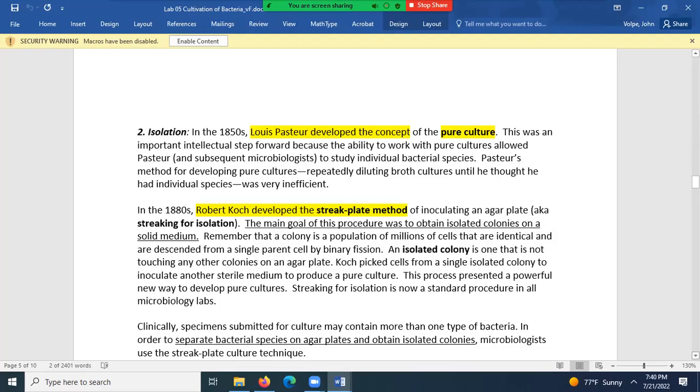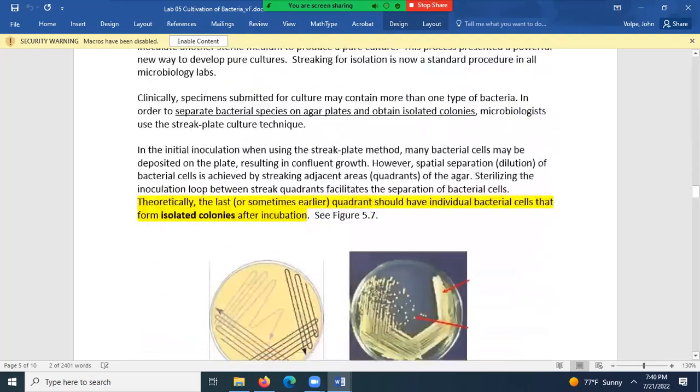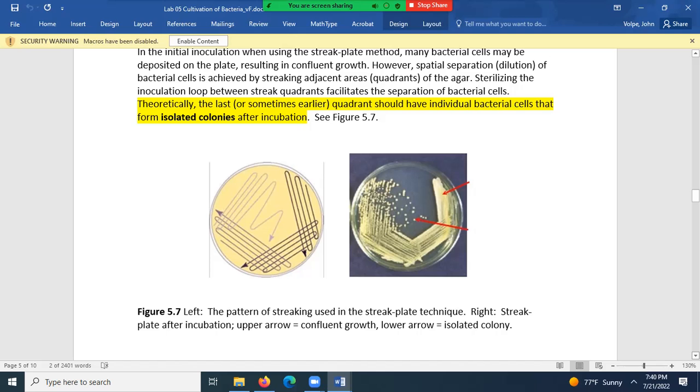Any questions about any of that? So when you're doing the colony isolation event, meaning a streak plate for isolated colonies, what you do is you get your bacteria on a loop and then streak it out in one sector. And then you sterilize the loop in a Bacto incinerator and then streak out another sector.